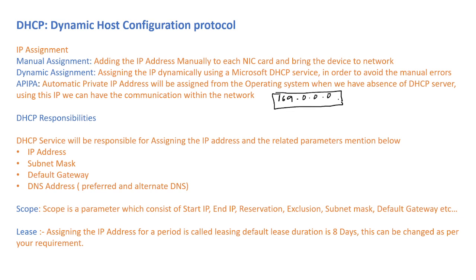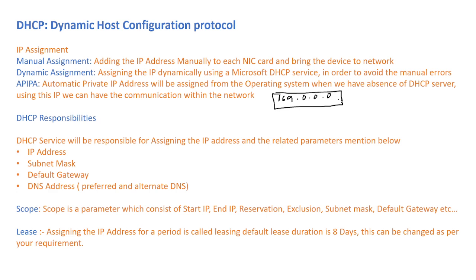Now let us understand what the parameters or responsibilities of a DHCP server are. The DHCP server's responsibility is to send the networking properties or parameters and assign them to the computers. The mandatory information which goes along with DHCP is, first and foremost, the IP address.